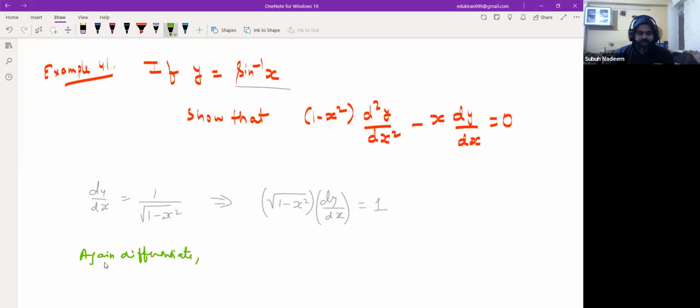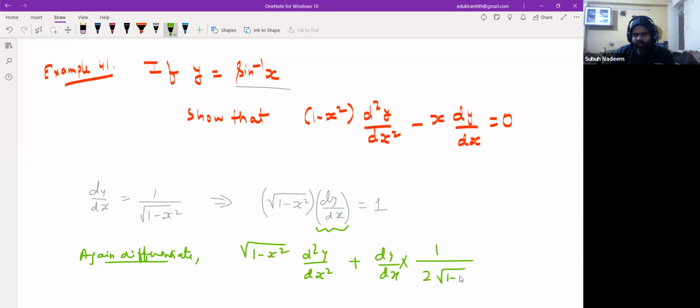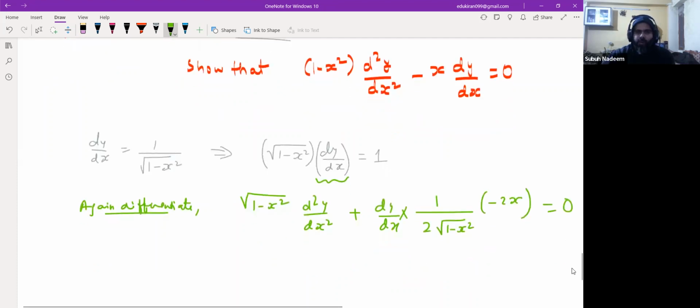When you differentiate it again, root over 1 minus x square into differentiation of dy by dx will be d2y by dx square, plus dy by dx into the differentiation of root over 1 minus x square, which will be 1 by 2 root over 1 minus x square, and the differentiation of 1 minus x square will be minus 2x, and the differentiation of 1 on the right side will be 0. Can we do this? Yes. So this 2 and this 2 cancel.